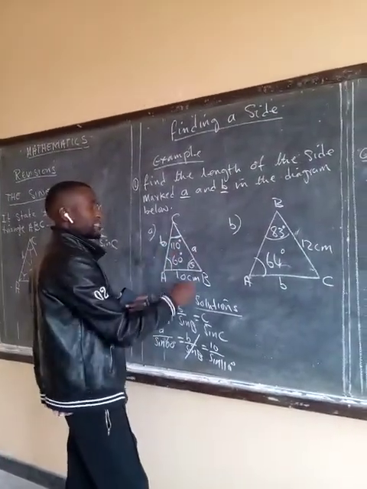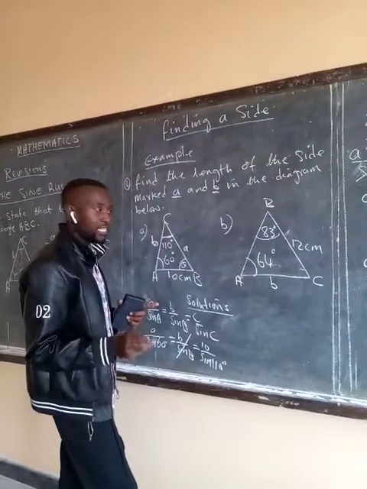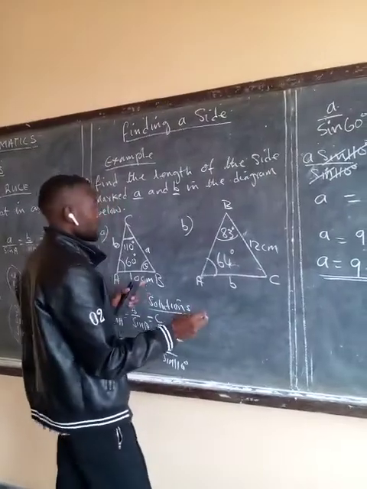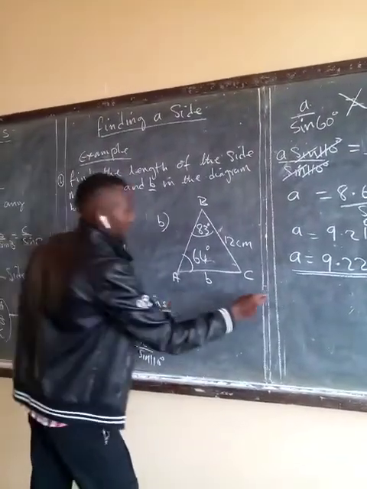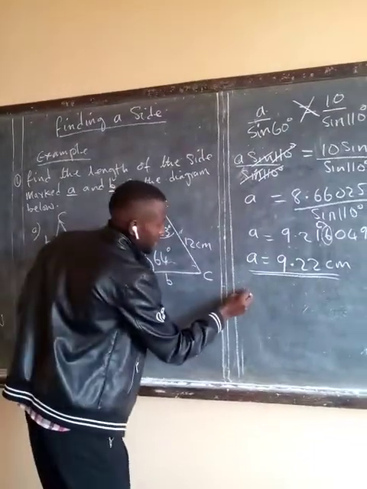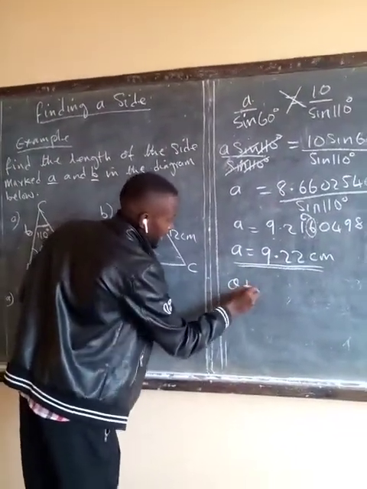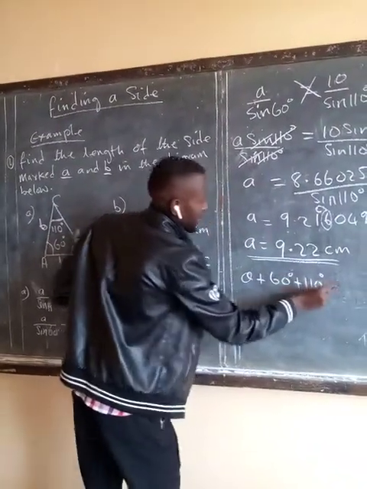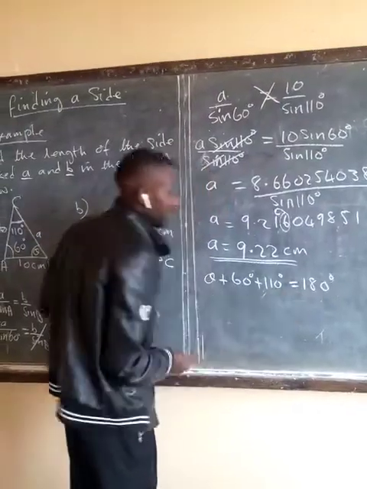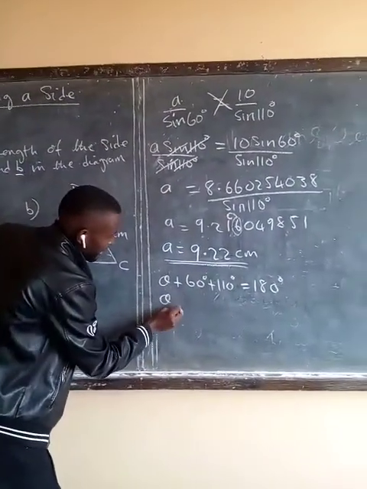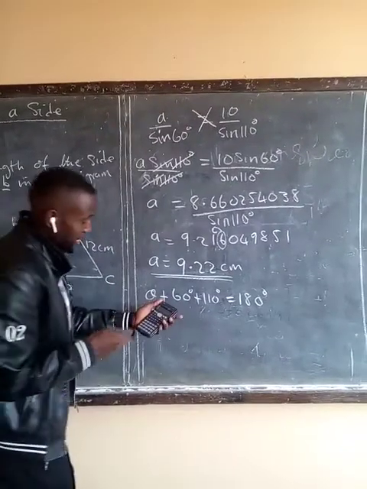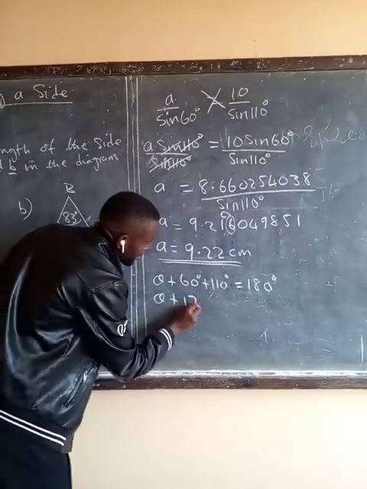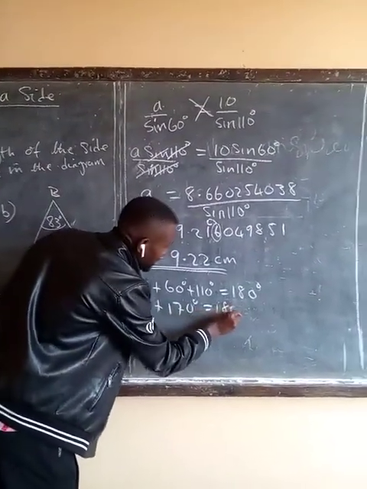A triangle like this always adds up to 180 degrees. So for me to find this angle, since I want to find angle theta, I'm going to say angle theta plus 60 degrees plus 110 degrees is equal to 180 degrees. So theta plus, what is 60 plus 110, which is 170 degrees, is equal to 180 degrees.